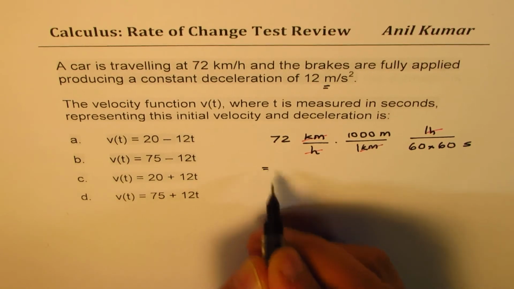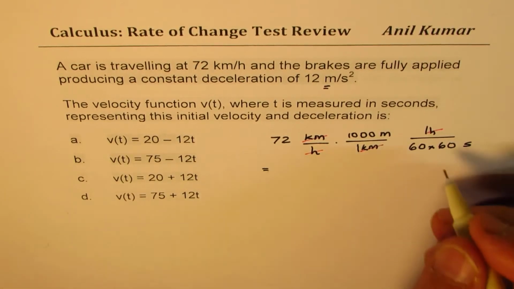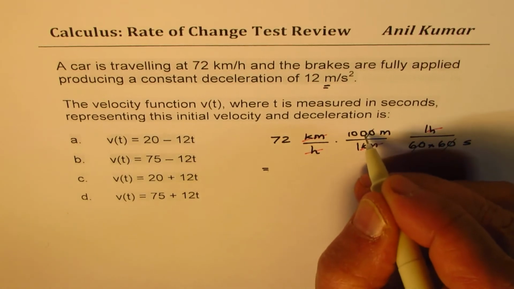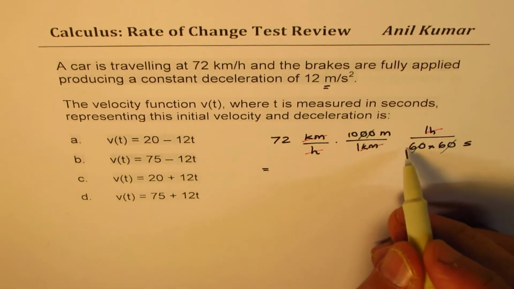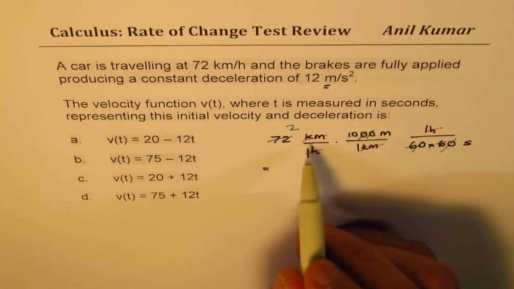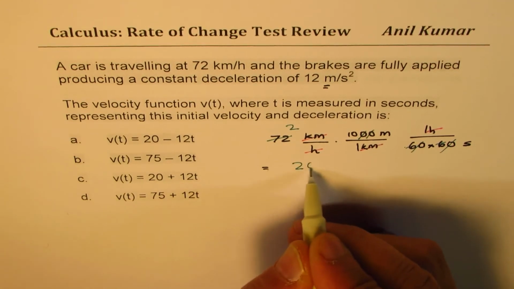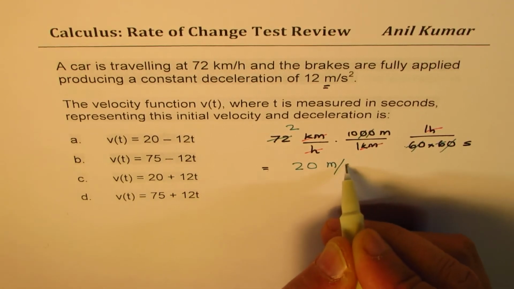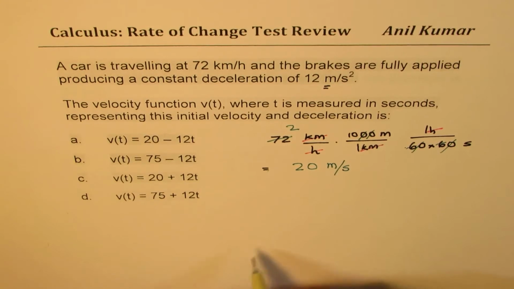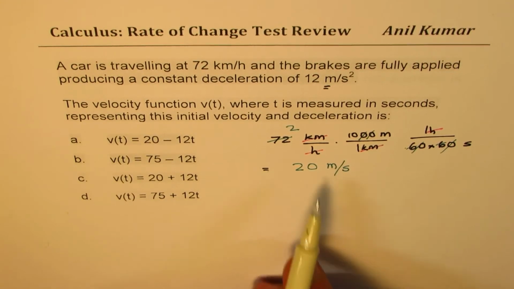So we can cancel some zeros also. And 6 times 6 is 36, which goes 2 times. So we get 2 times 10 as 20, so we get 20 meters per second as the initial speed.